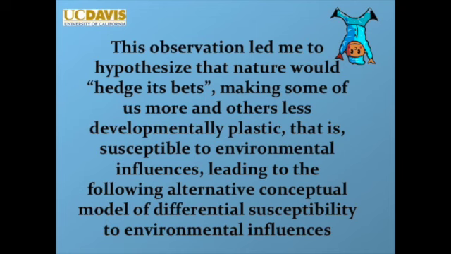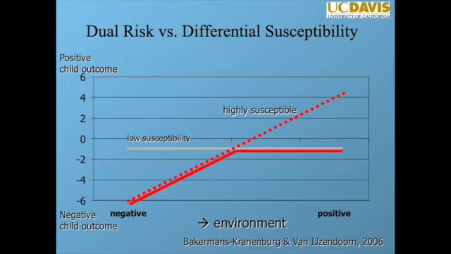This observation of the uncertainty of the future led me to hypothesize that nature would hedge its bets, making some of us more and others less developmentally plastic or malleable, that is, susceptible to environmental influences, leading to the following alternative conceptualization of differential susceptibility. Now we see that those who are most vulnerable to adversity, this is the dotted red line on the left side, like the vulnerability model, however, should be highly susceptible on the upside.